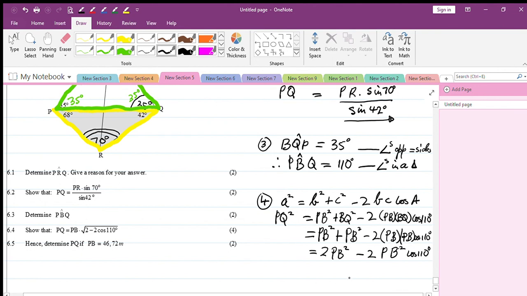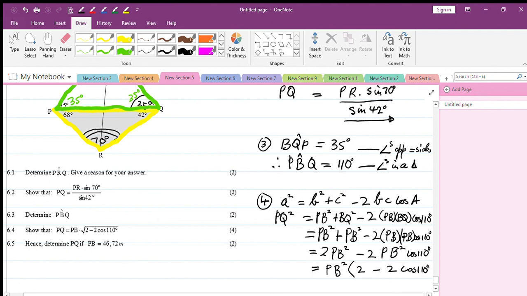Where do we get a common factor? We get a common factor because this term has got PB squared and the term has got PB squared. So we take PB squared out as a common factor, and what will remain behind is 2 minus 2 cos 110 degrees.